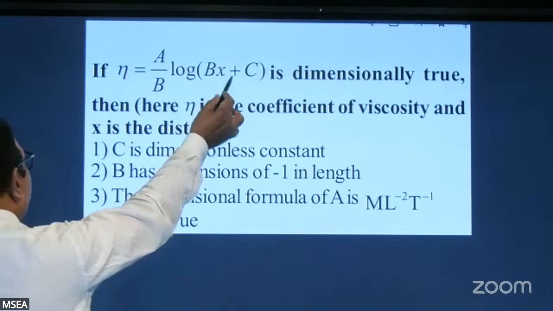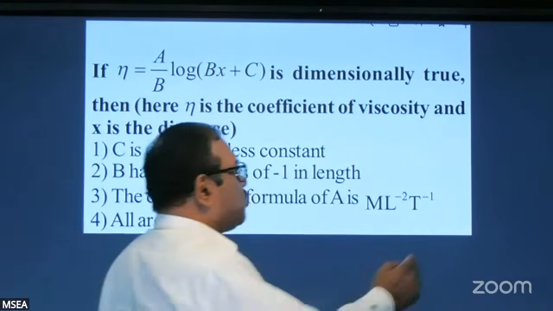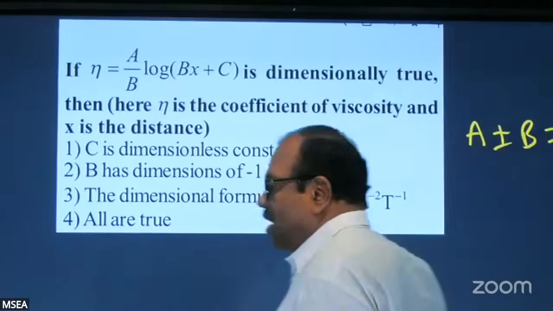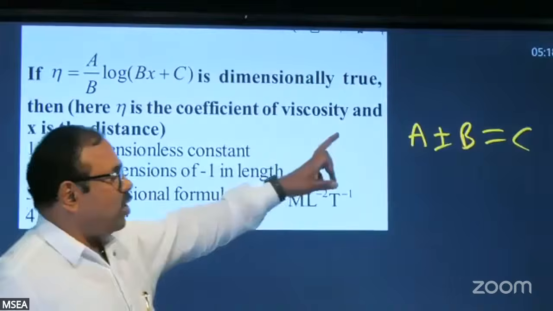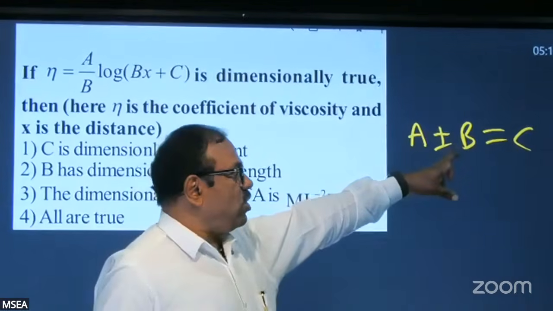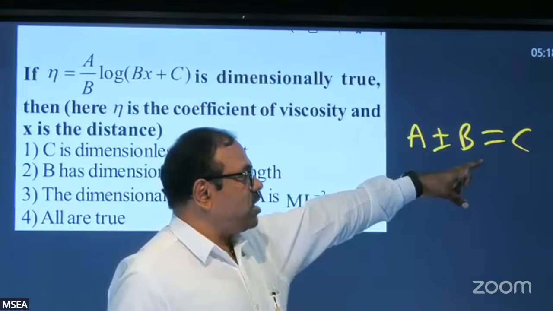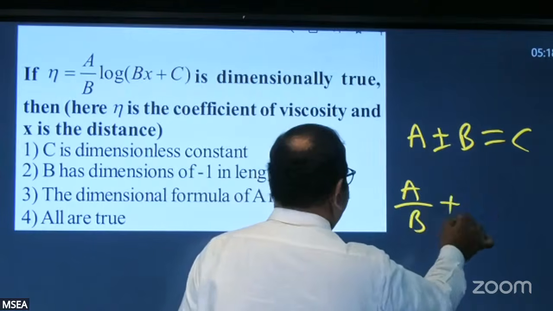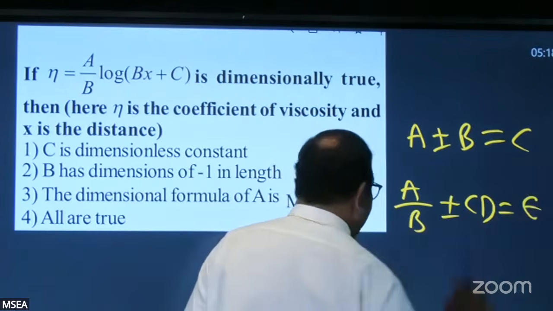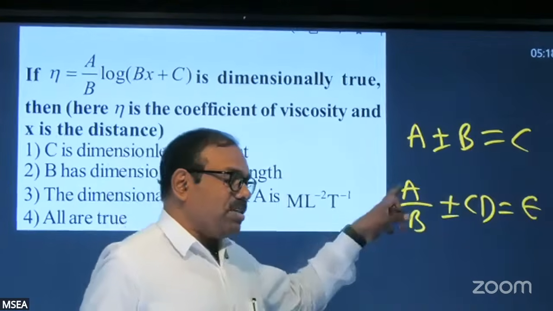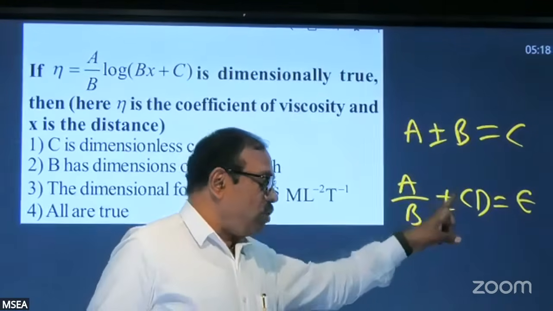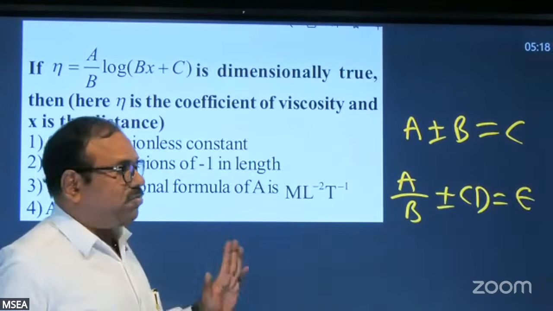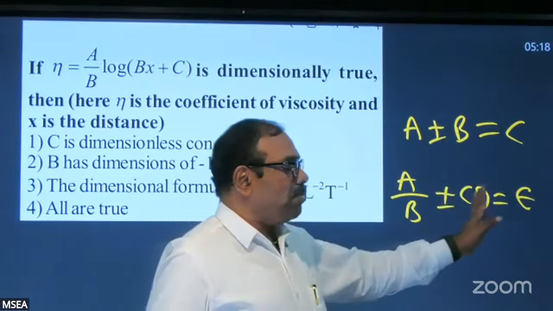Or we can say whenever plus or minus is there, according to the principle of homogeneity, if A plus or minus B is equal to C is given, then the dimensional formula of A is equal to the dimensional formula of B, which should be equal to the dimensional formula of C. Or we can write it as A by B plus or minus CD is equal to E. Even this we can say: the dimensional formula of A by B is equal to the dimensional formula of CD, which is equal to the dimensional formula of E. According to the principle of homogeneity, all should have the same dimension.